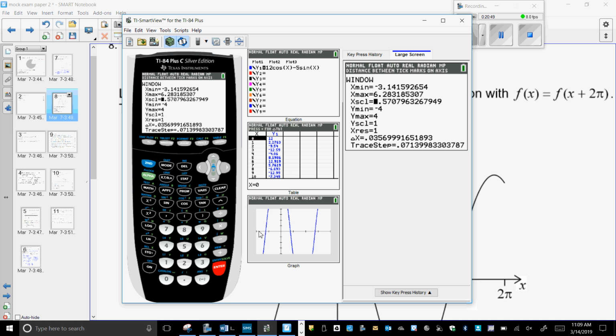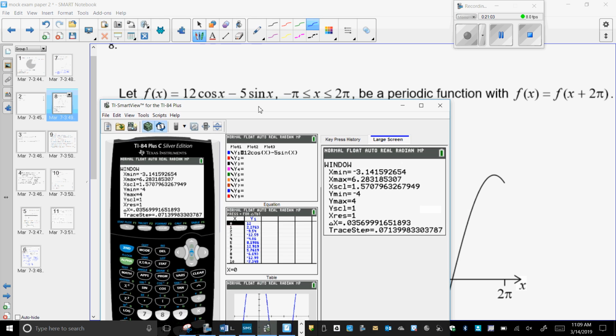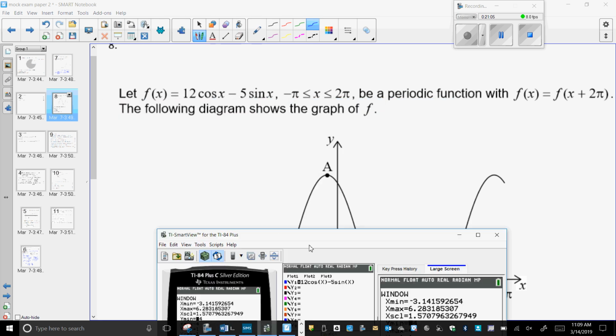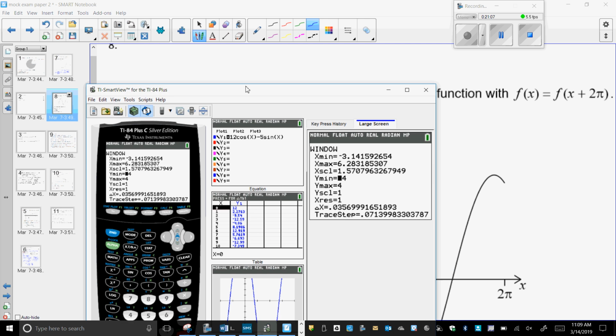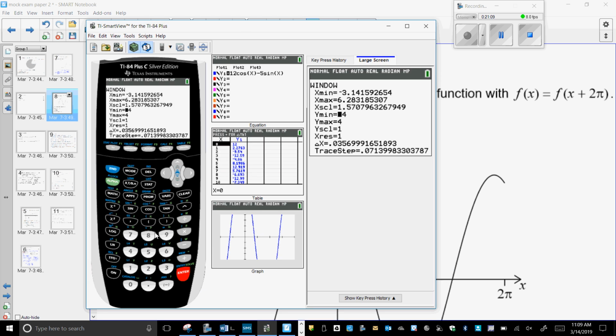And let's go every, we're used to going every pi over 2. Now, we know that goes from 12, 5. So we need bigger values here. So let's go -6 and 10.